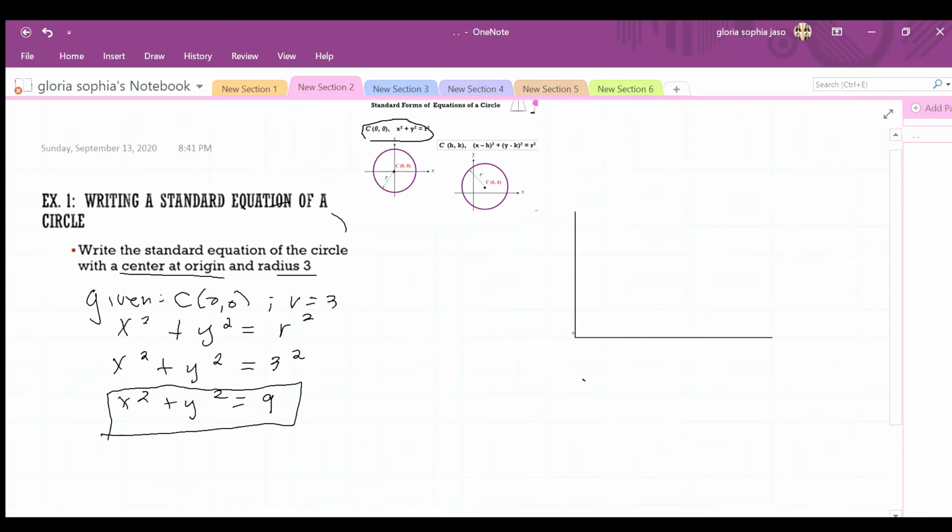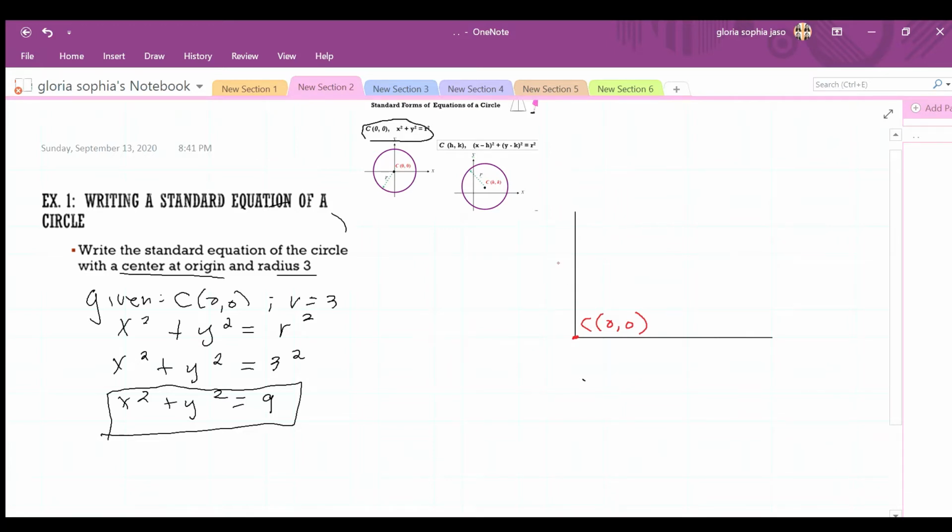So, center is at the origin or 0, 0. So, mark natin siya. And then, radius is 3. Para mag-graph natin to class, kuha kayo ng papel. Pwede kayong gumamit ng graphing paper para mas exact yung mga distances ng unit natin.